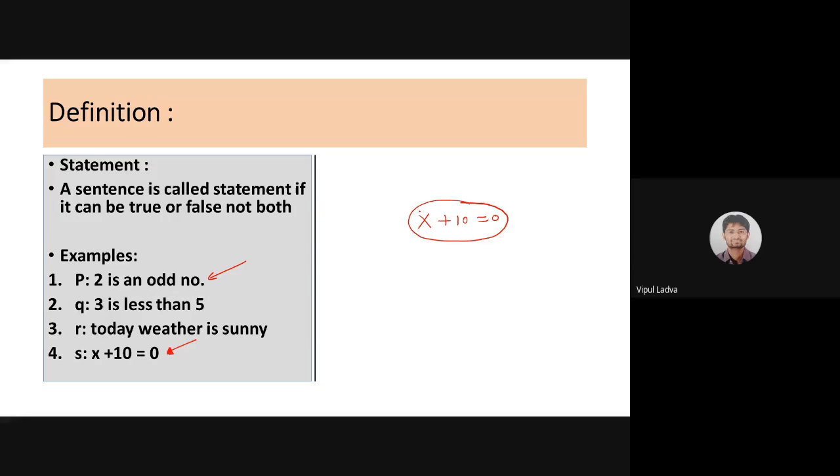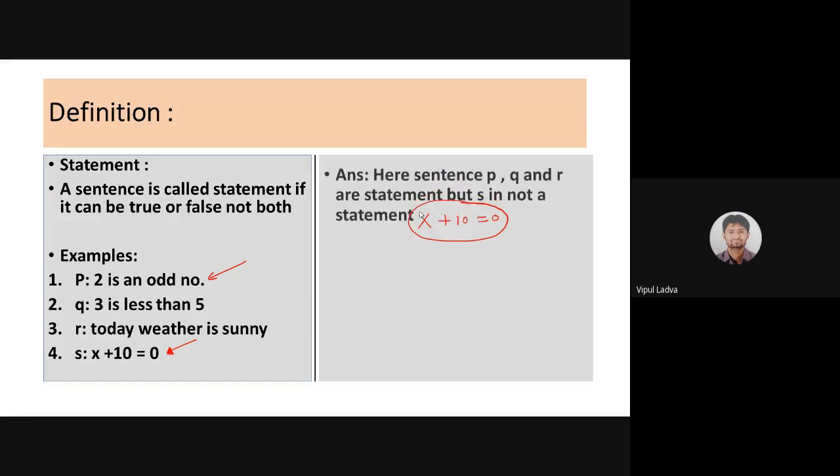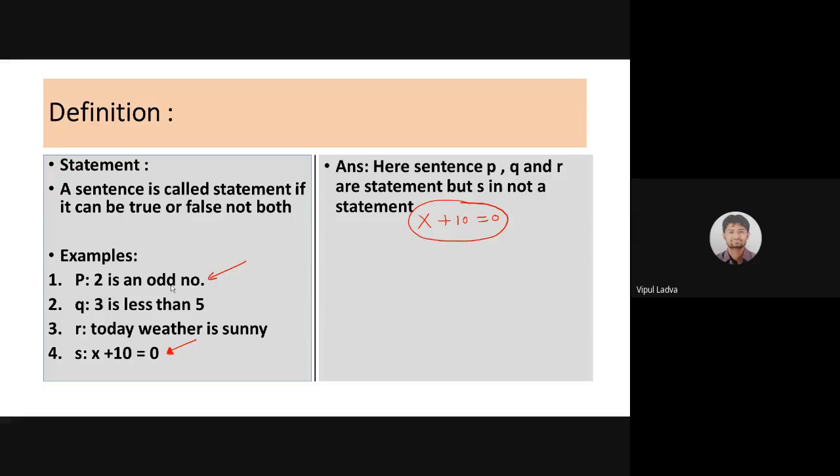So this particular sentence depends on the variable x. So we can't decide its truth value right now. It can be true, it can be false, it could be both. So I'm not going to consider this as a statement. Let me show you. Here sentences P, Q, and R are statements, but S is not a statement, is it?